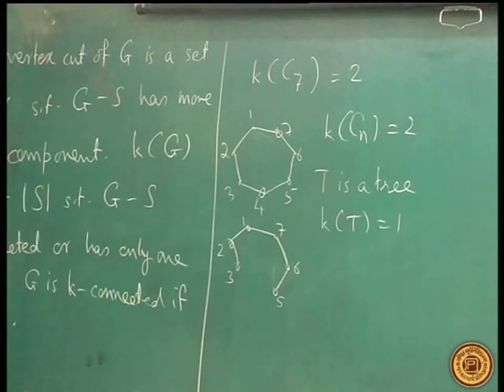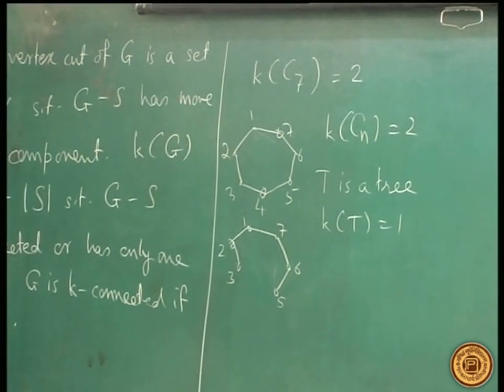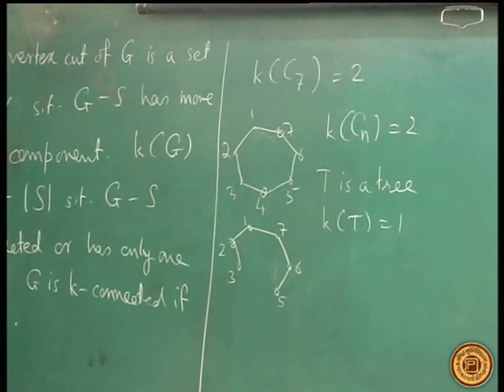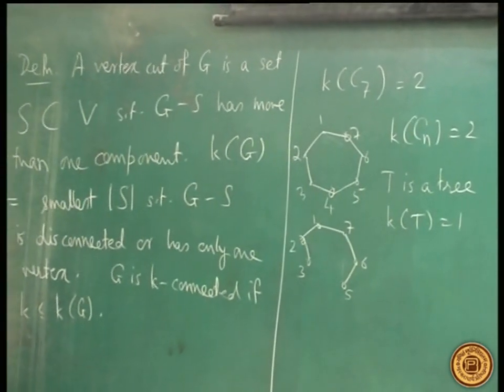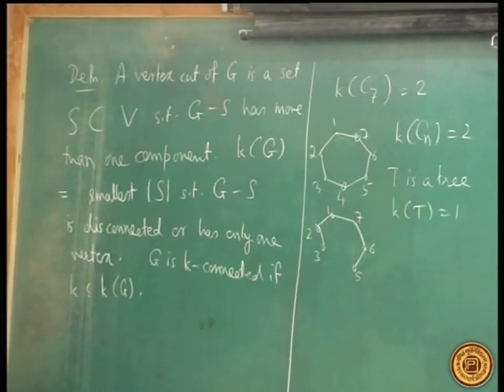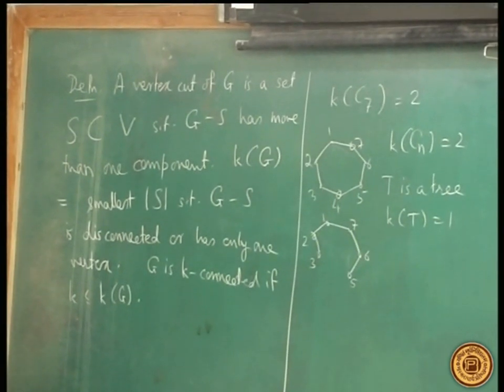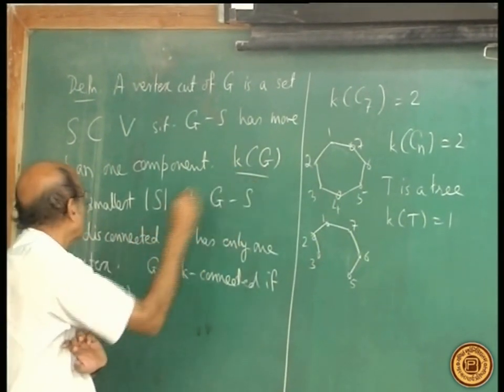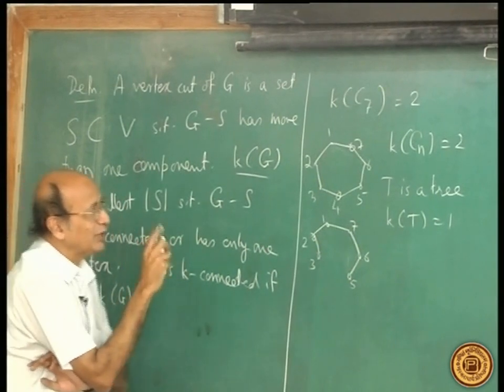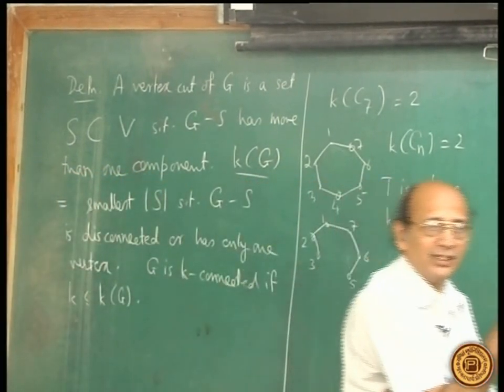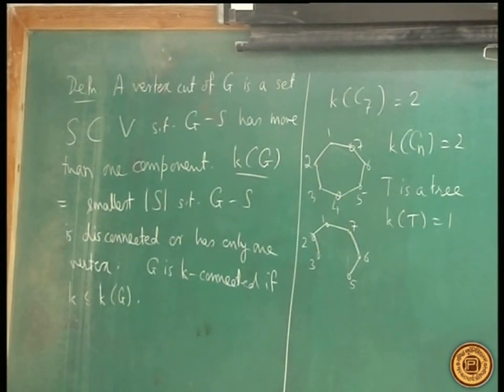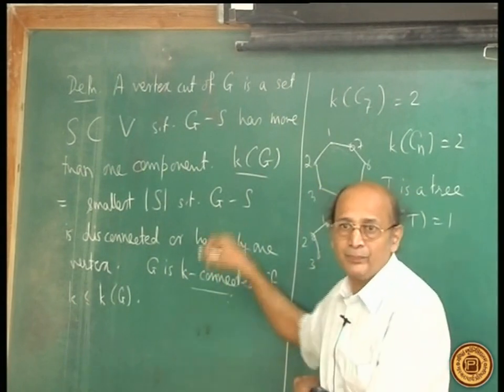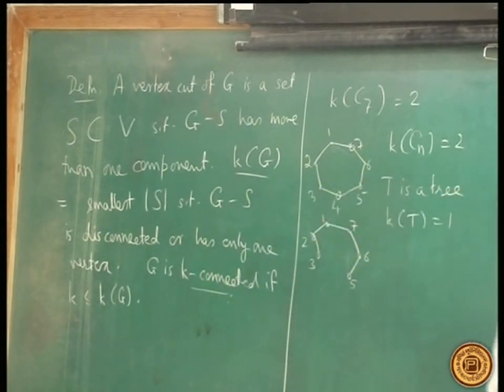Put this way, a cycle has k of G equal to 2. A cycle is 2 connected, it's also 1 connected, and it's also 0 connected. Alright, so it's hierarchical, so we have to keep that in mind.